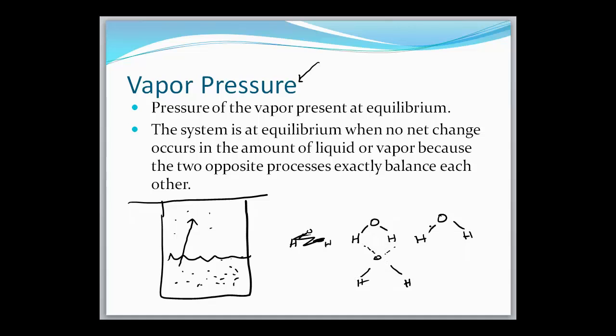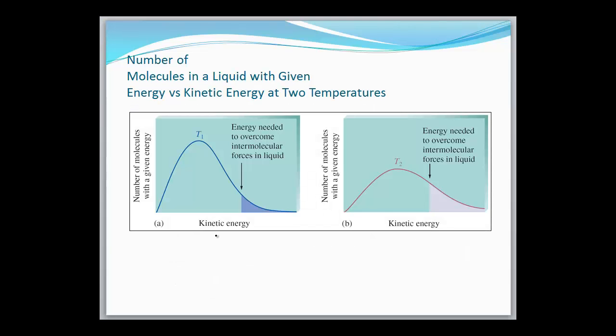The molecules on the surface only have molecules below them holding them down with hydrogen bonding. So they have a little bit easier time leaving the liquid phase and going into the gas phase. The primary reason, though, that we have vapor above a liquid is explained using this diagram.